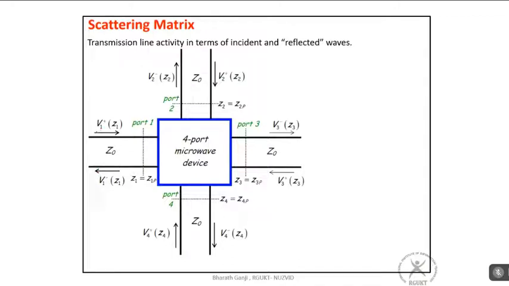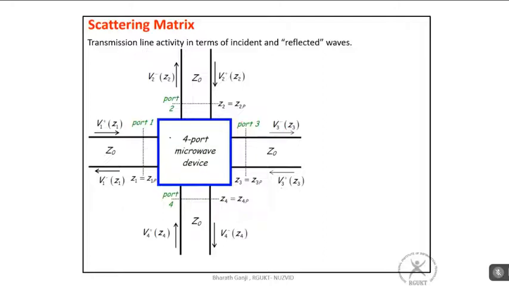At this port, I'm defining a wave which is coming inward, that is V1 plus, and a wave which is reflected back, which is V1 minus. In the same way, at every port I have defined a forward wave and a backward wave, basically an incident wave and a reflected wave. At the third port, the incident wave is V3 plus and the reflected wave is V3 minus.